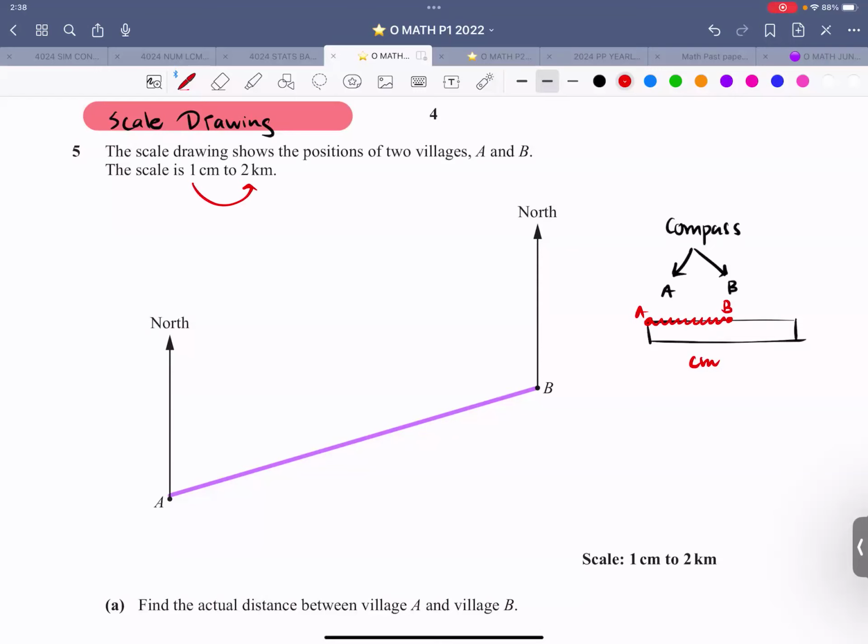Let's say, I'm just taking a rough guess, maybe this is like 6 centimeters. So 6 centimeters is 6 into 2, which is 12 kilometers. This is just an approximation, not exact, because I don't have a scale.